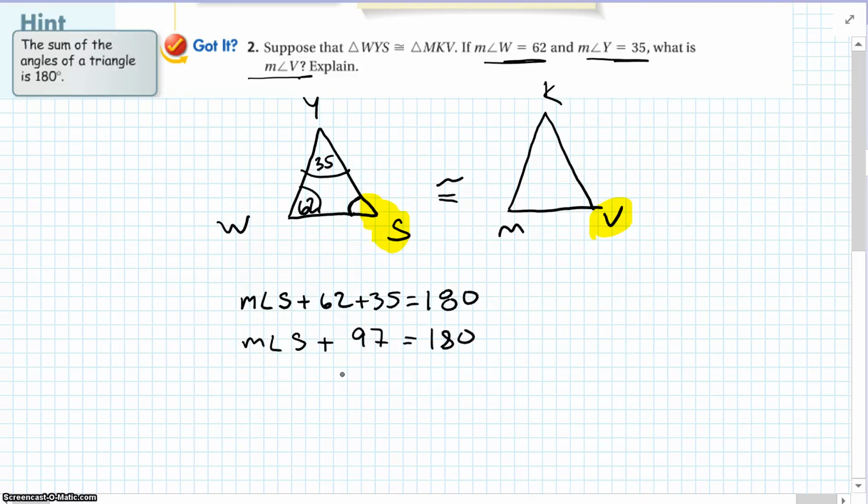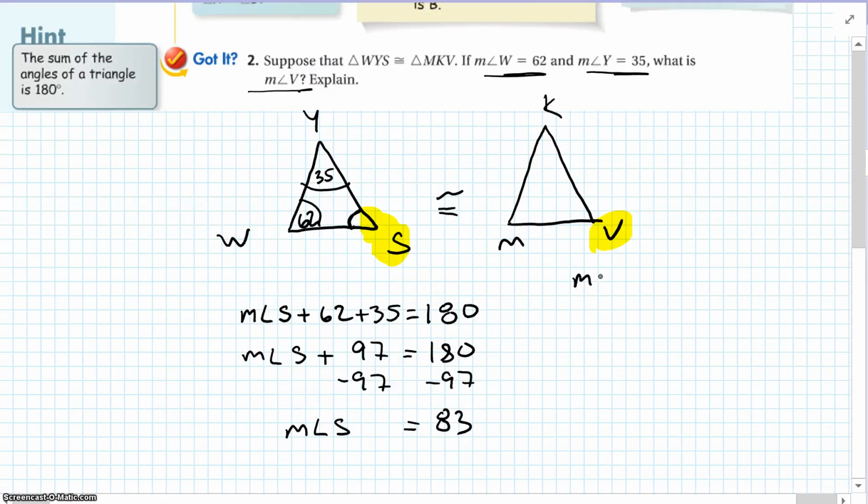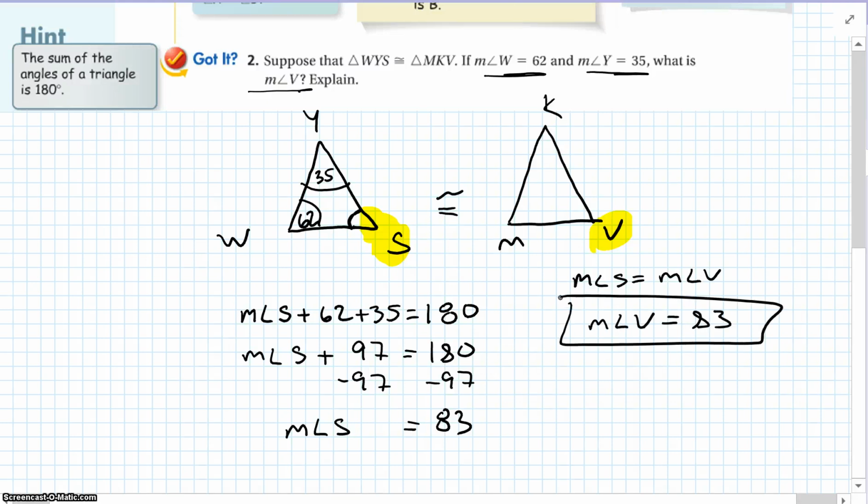Subtract 97 from each side. The measure of angle S is going to be equal to 83. So if the measure of angle S is 83, we know the measure of angle S has got to be equal to the measure of angle V. So the measure of angle V must be 83. Okay.